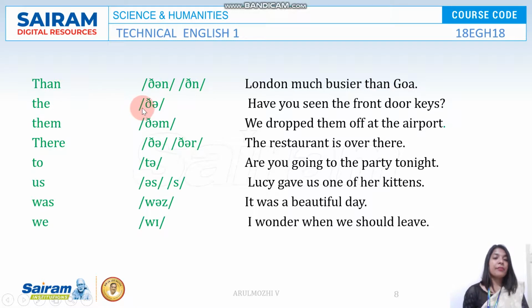The becomes weak the. Them becomes weak them. I have dropped them. Or sometimes just 'em. We have dropped them. We have dropped them. There becomes weak there.